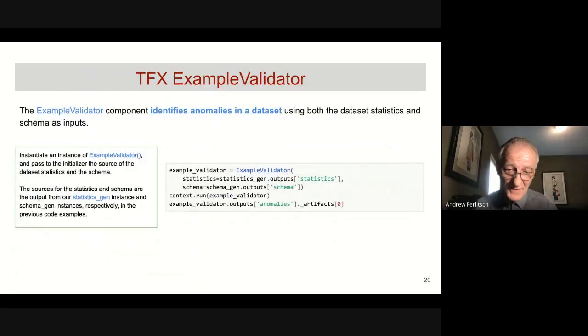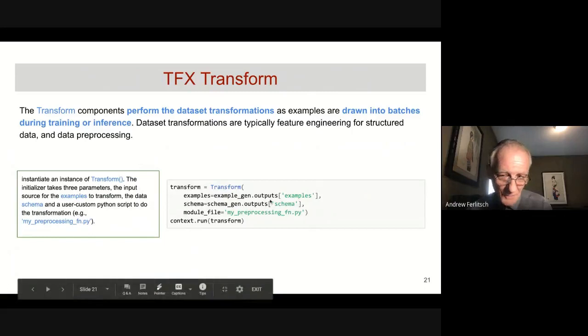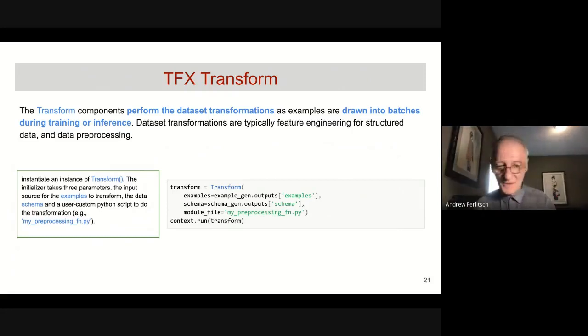And that is a Python file you wrote about how to preprocess the input. So this is a custom file that does the preprocessing. So the transform function itself doesn't have operators or parameters where you say do this, do that. You write it yourself. And then of course, now I can execute.